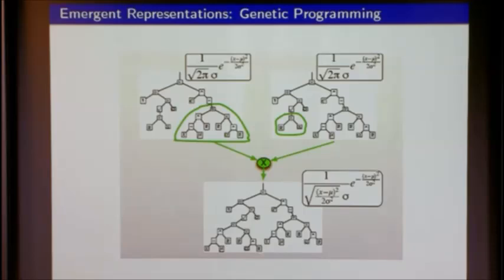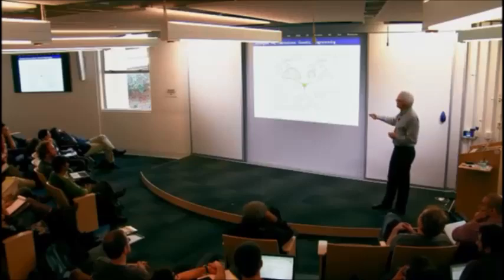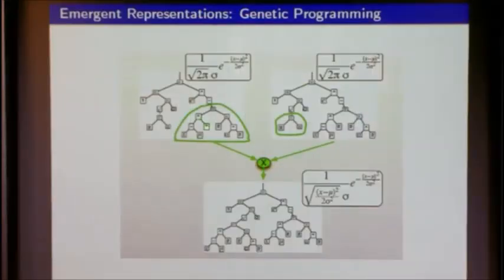So these are binary operators. That's x minus mu. Okay, I see. And then the power operator 2, x minus mu squared. So this little tree is that function. This is a representation of that function, and this is a representation of that function. And then you have an operator, and by recombining these two subtrees, you get this, and that happens to be this function.